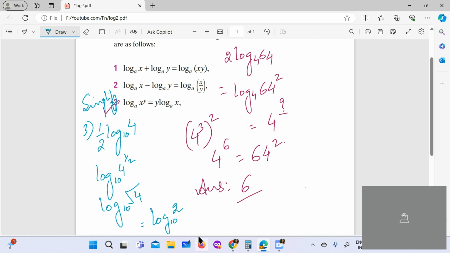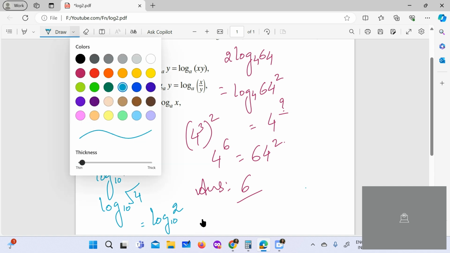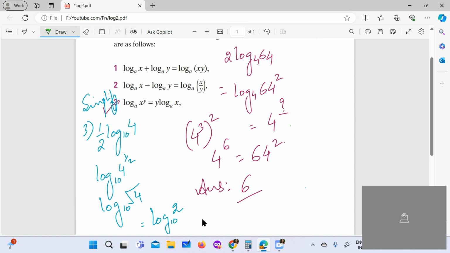Okay, we will see one more question of this kind. Suppose now I take another question: 1 upon 4 log base 10 of 625.